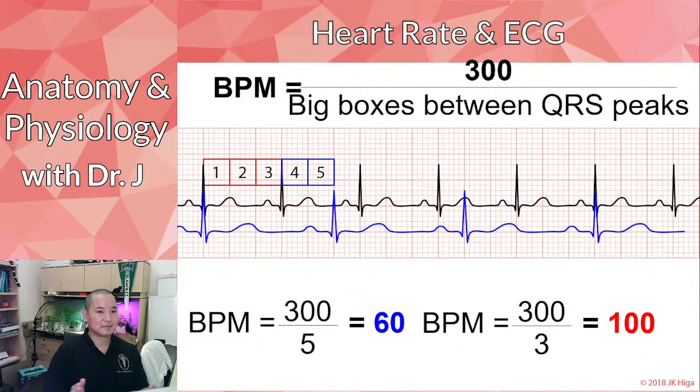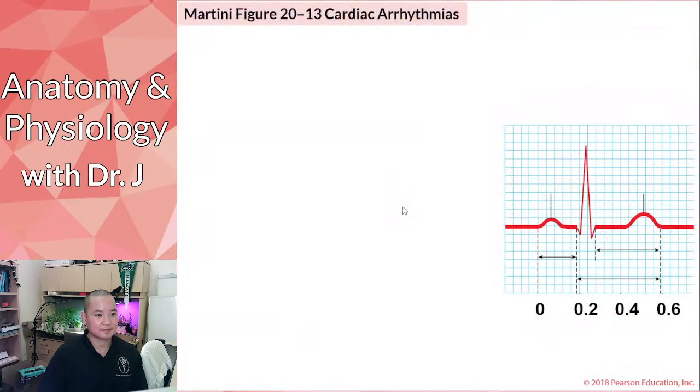So I'm wondering, is this heart rate too fast or too slow? Is it between 3 and 5 boxes? If it's less than 3, that's a really fast heartbeat. If it's more than 5, this heartbeat is pretty slow. So this is why I think it's an easy way to know at a glance whether a heart rate is abnormally slow or fast.